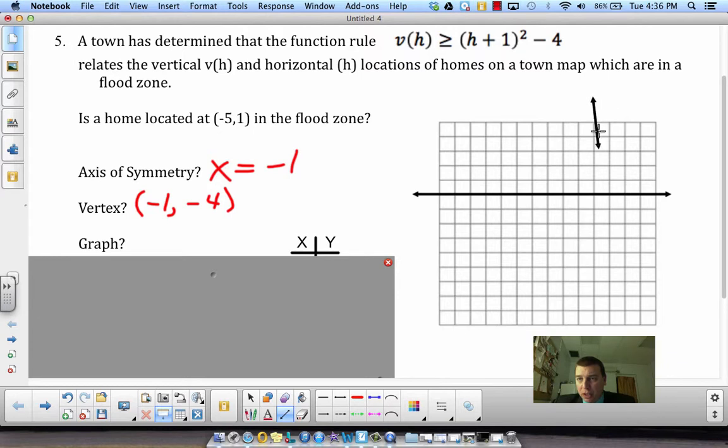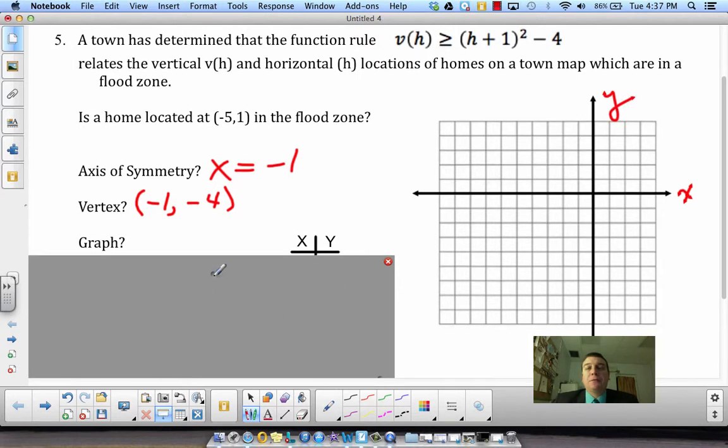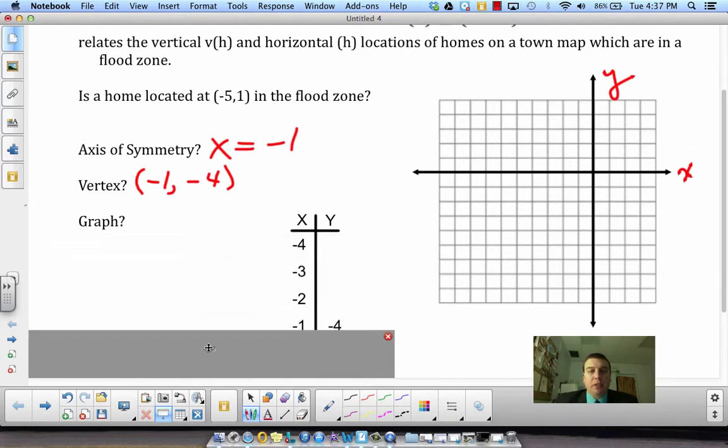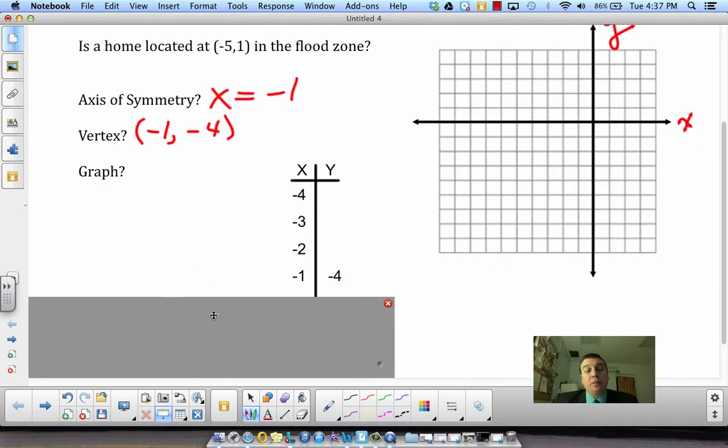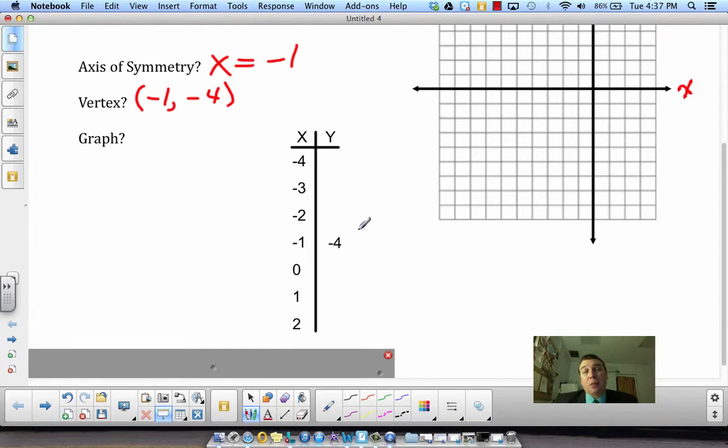So let's try there. Okay, this is my x-axis. This is my y-axis. Alright, so let's figure out some points so that we can graph this. We already know one of them, so that's helpful. We're going to have to find some more, obviously.